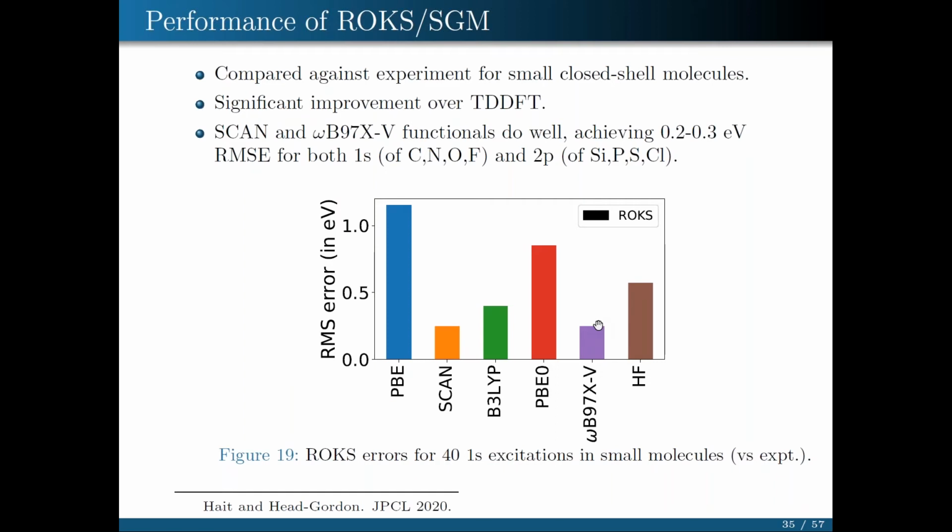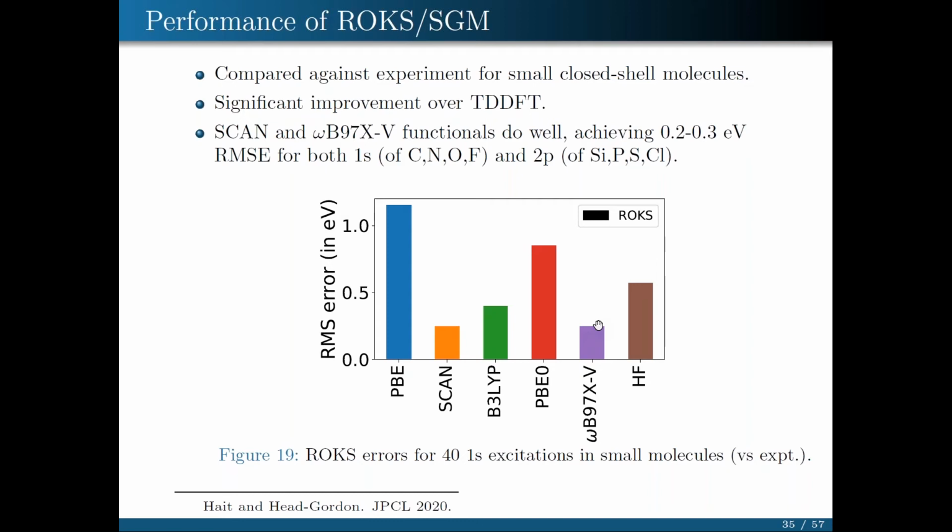And we see that there's a pretty broad spectrum of values based on what functional is employed. But the encouraging thing is that SCAN and ωB97X-V do very well, predicting core excitation energies to about 0.2 to 0.3 eV RMS for these 40 excitations out of 1s orbitals with small molecules. This is pretty good because these are compared against experiment, and the experimental uncertainty in the data itself is about 0.1 eV.